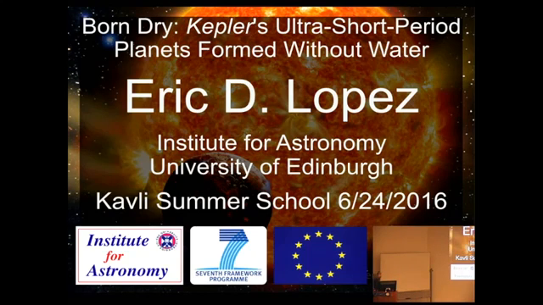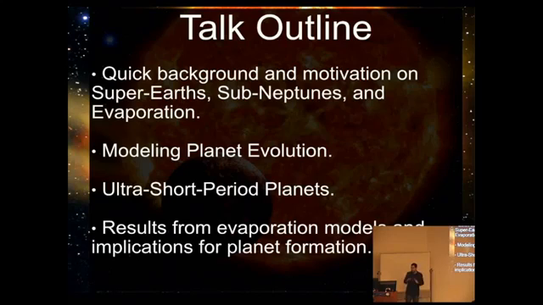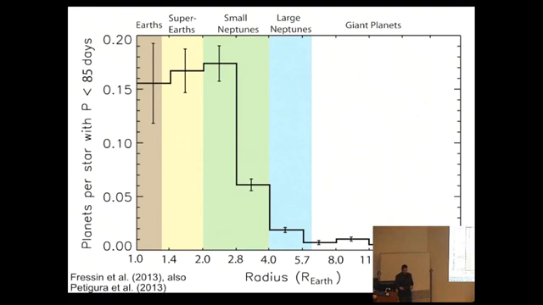And then finally, I'll describe quickly some results from some evaporation models I've run that I'm hopefully about to submit, and then discuss the implications for planet formation. So I think from the Kepler mission, one of the most important things we got is an idea, for the first time really, of how common different sizes of planets are.